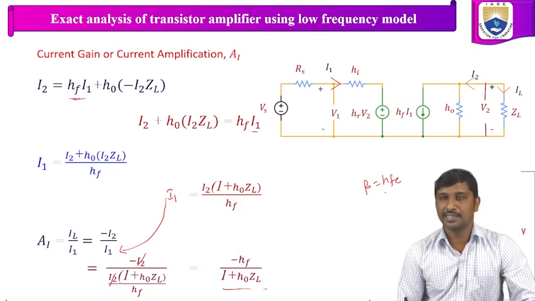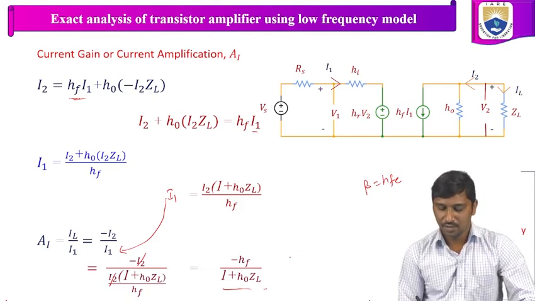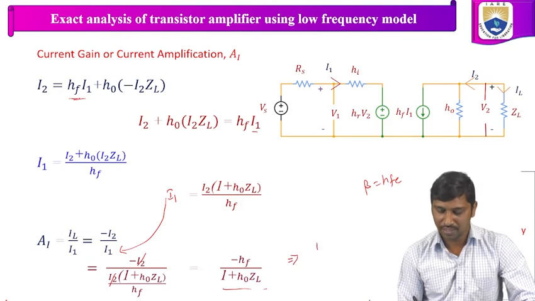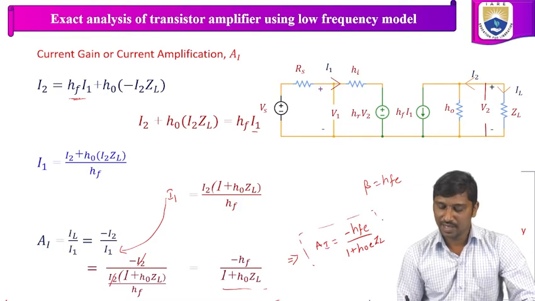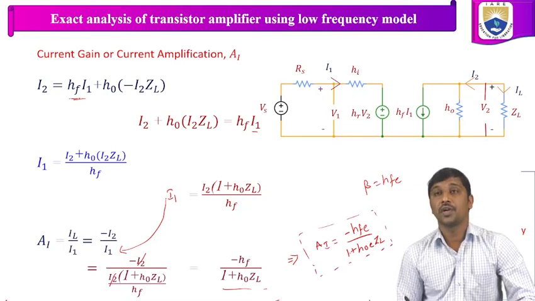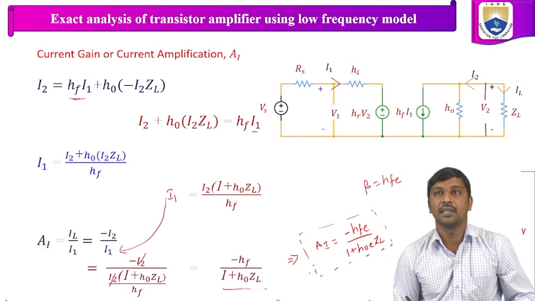Hence HF is replaced with HFE. So in the common emitter configuration, the current gain is minus HFE by 1 plus HOE times ZL. This is the factor if you are using the common emitter configuration.